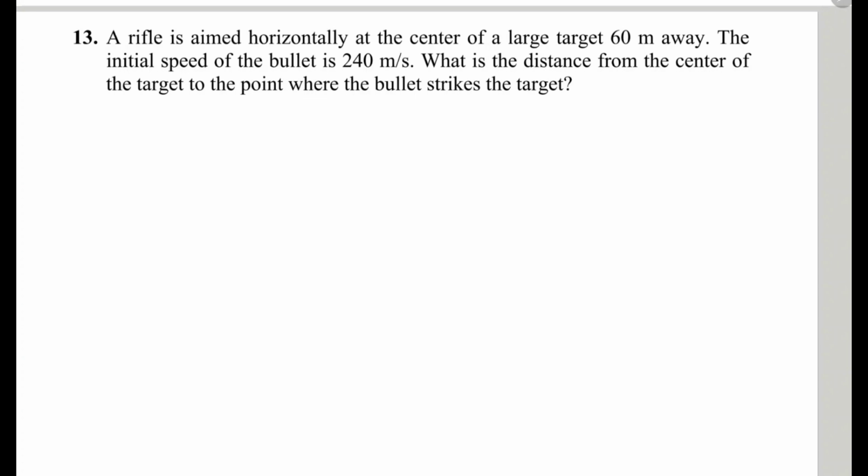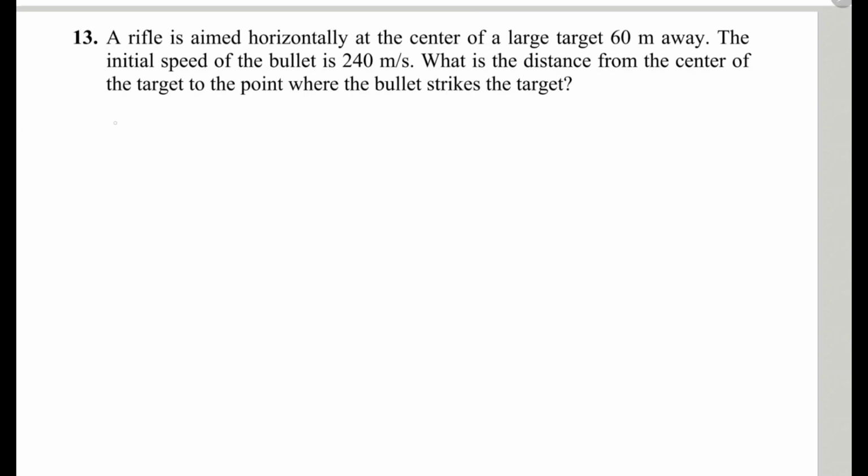A rifle is aimed horizontally at the center of a large target 60 meters away. The initial speed of the bullet is 240 meters per second. What is the distance from the center of the target to the point where the bullet strikes the ground?